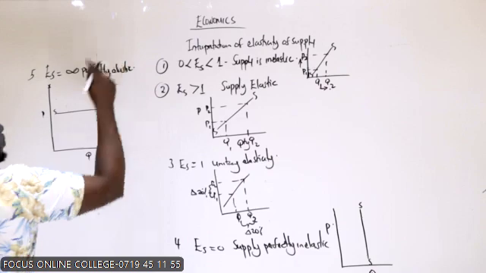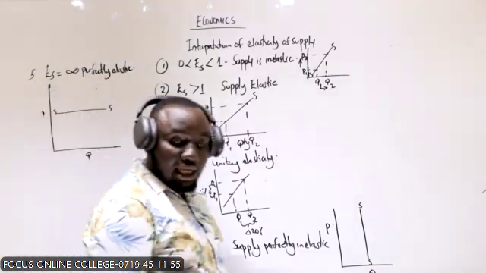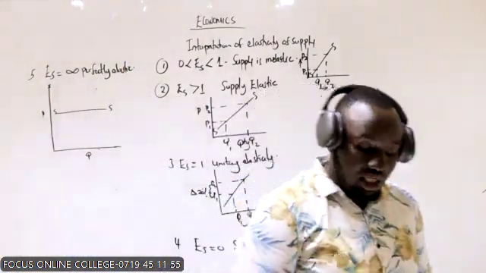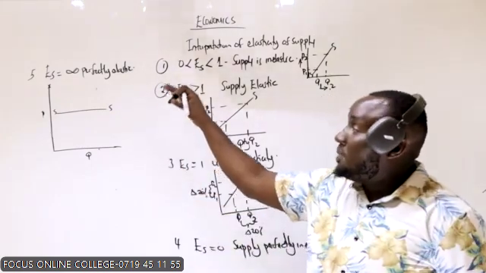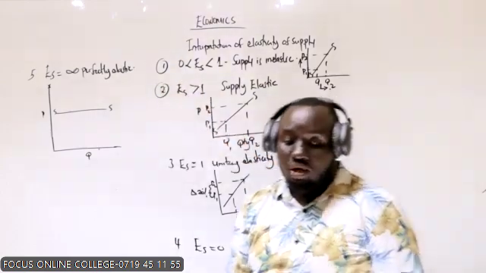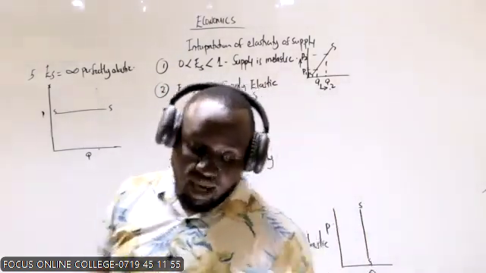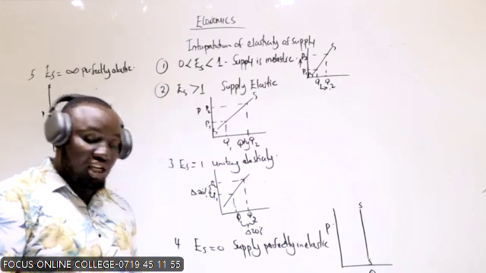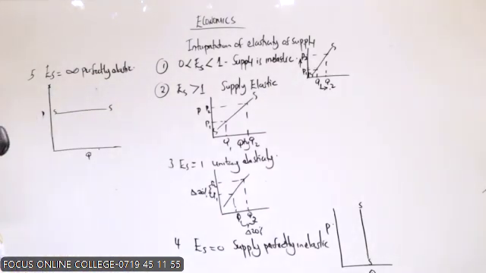We call that perfectly elastic. So elasticity of supply is infinity, or when you compute it, we find a math error.